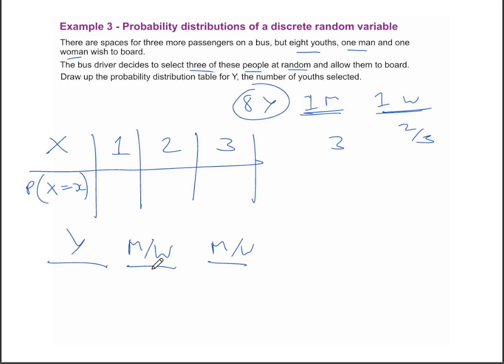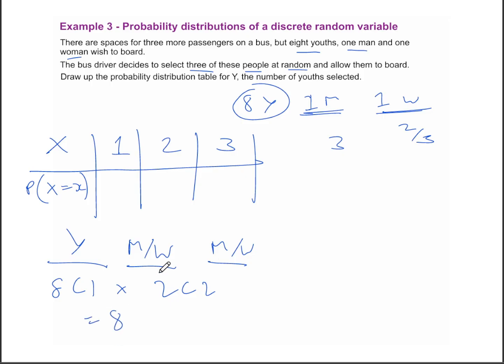So the total possible selections is 8C1, because we have 8 youths and 1 selection, times 2C2, because we have the man and woman, and we have 2 spaces for them. This just gives us 8.